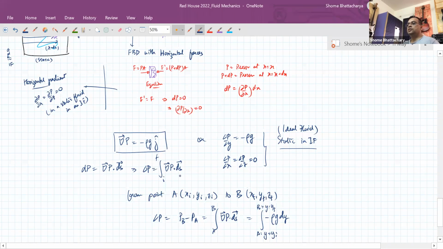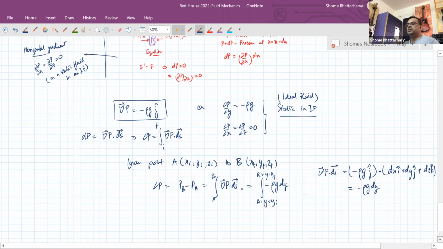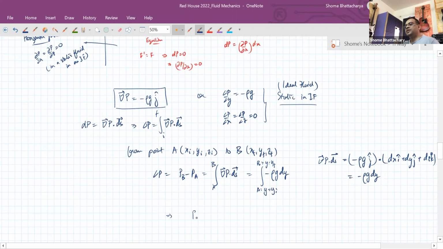So in this equation, this will become minus rho g j cap dot product with a general displacement dx i cap plus dy j cap plus dz k cap. Okay. So solving this integration, you can see rho g comes outside. So the pressure difference between 2 points is nothing but minus rho g into y of B minus y of A.